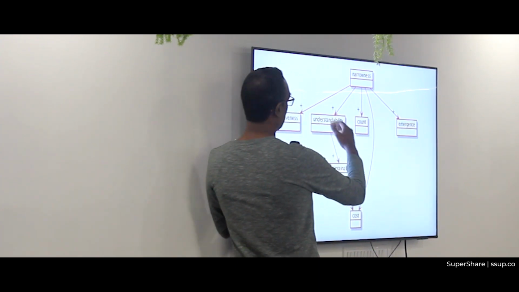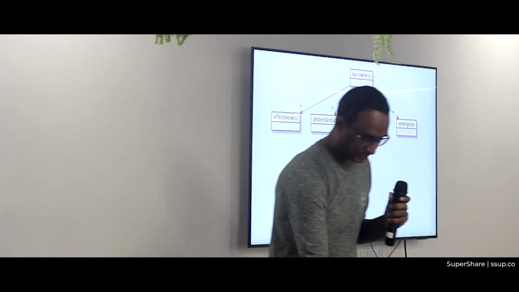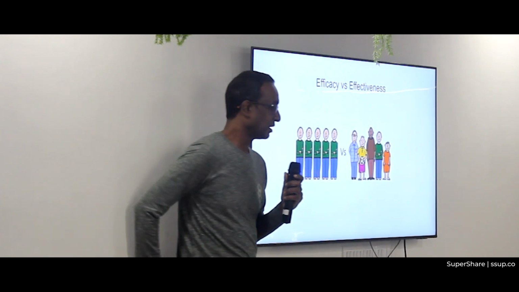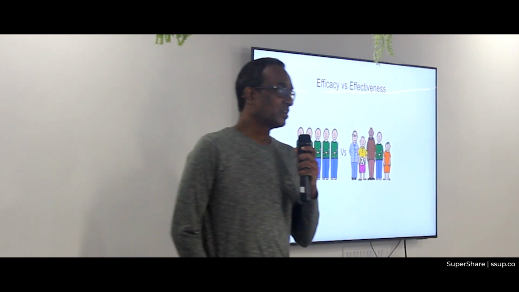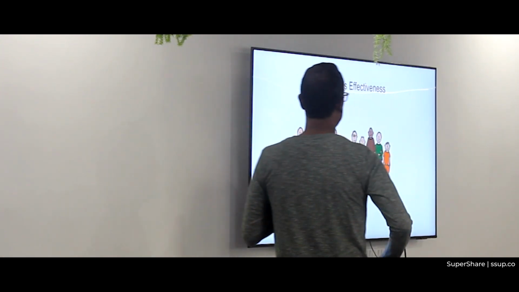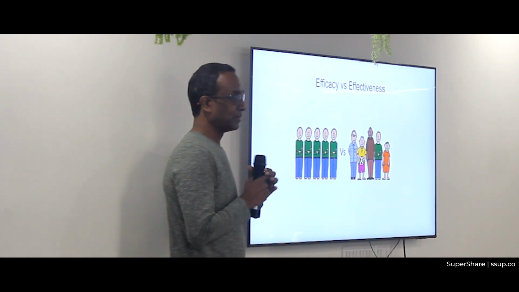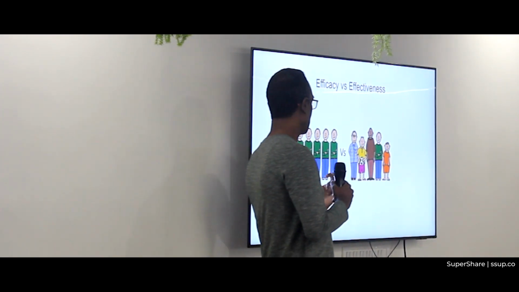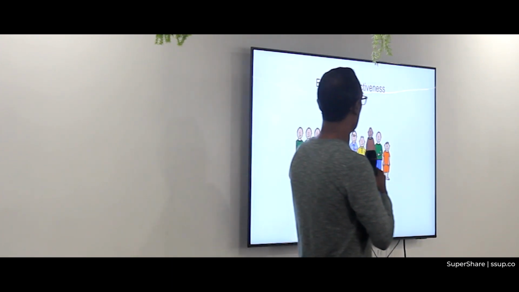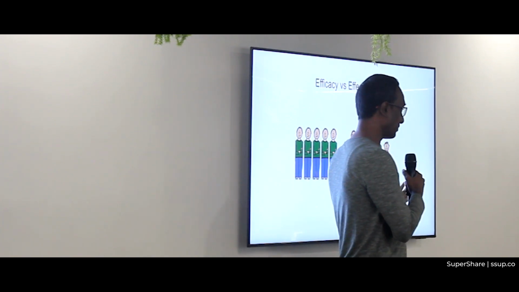I'm going to talk about two other properties, emergence and effectiveness. In the world of medicine, they use two different measures to quantify medicines and treatments. One of them is efficacy, and one of them is effectiveness. How well does the medicine perform in a control set versus how well does it perform with a more diverse set of subjects?